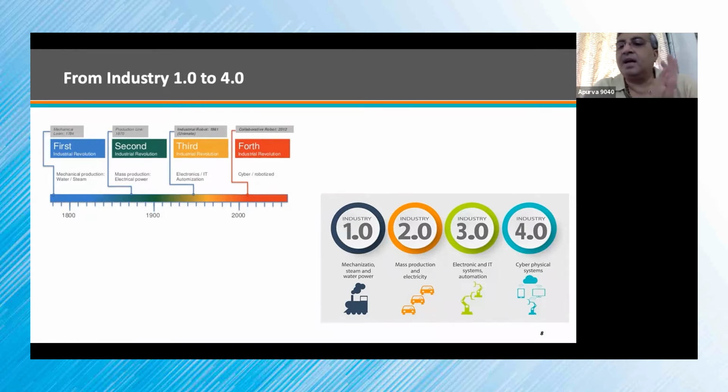And finally, today, it's Industry 4.0, where we talk about cyber physical systems, where physical systems talk in real time to IT systems, generating analytics and giving feedback back to the physical systems, and that's how they operate. So that's Industry 4.0.